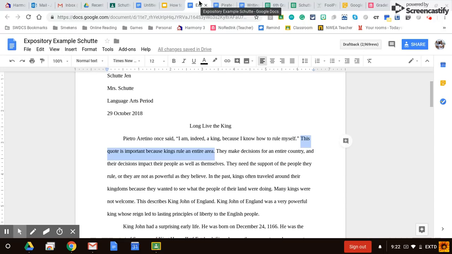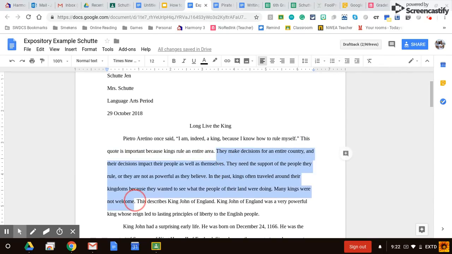So I gave some background information on kings. They make decisions for an entire country, and their decisions impact their people as well as themselves. They need the support of the people they rule, or they are not as powerful as they believe. In the past, kings often traveled around their kingdoms because they wanted to see what the people of their land were doing. Many kings were not welcome.